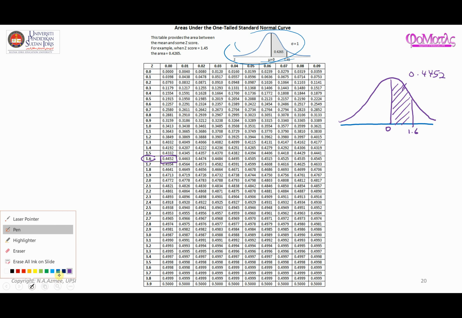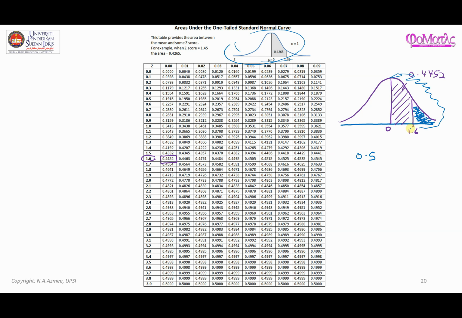Again, what I'm looking for is this area. How do I find it? I can find this area if I take 0.5 minus 0.4452. If I do that, I should get the same answer. So 0.5 minus 0.4452 is going to be 0.0548.